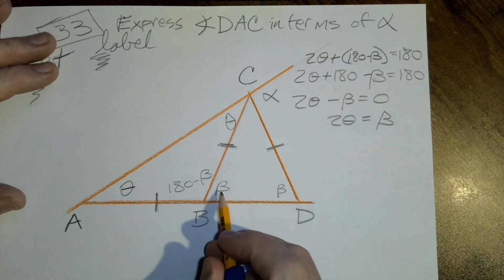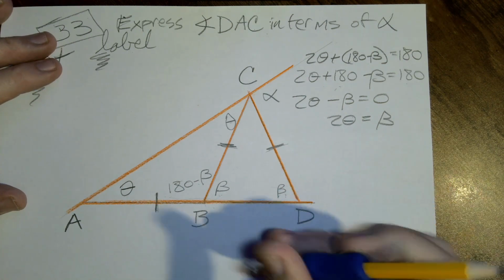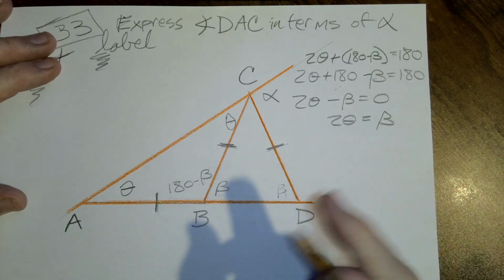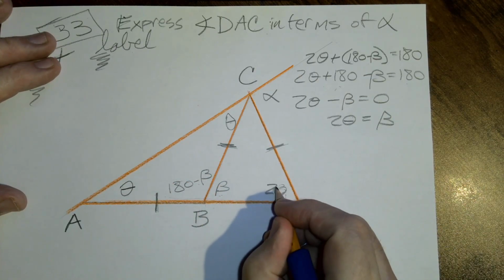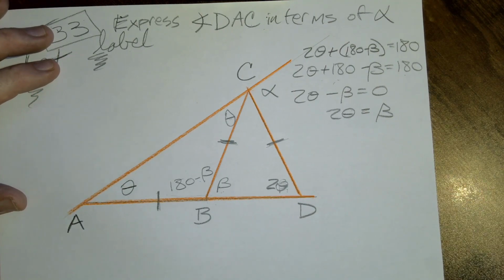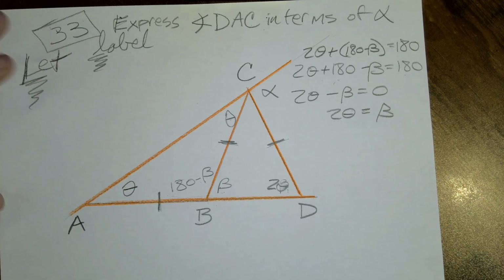So that means here we have beta and here we have beta. We can replace that with 2 theta. There's our 2 theta. And let's introduce a new angle.